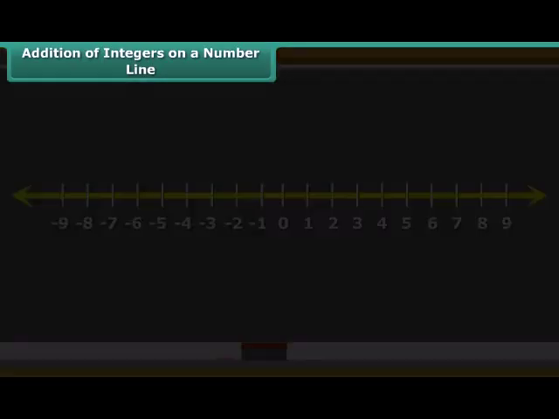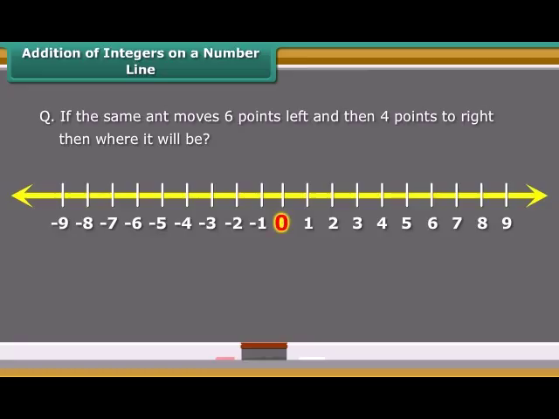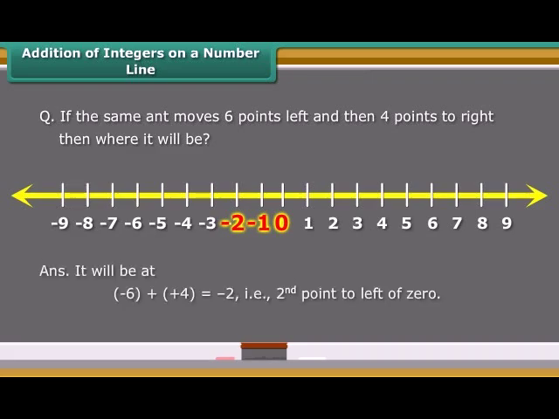If the same ant moves 6 points left and then 4 points to the right, where will it be? It will be at -6 plus (+4), which equals -2. That is, the second point to the left of 0.